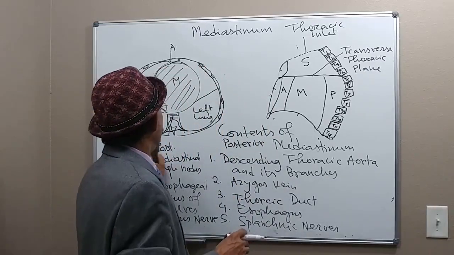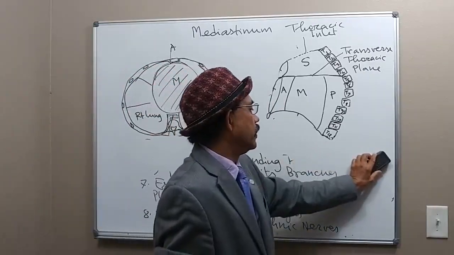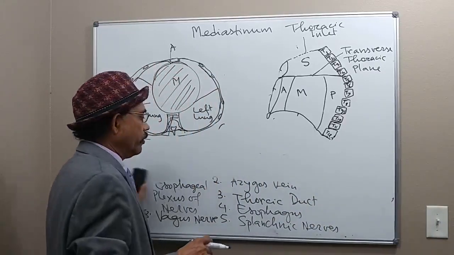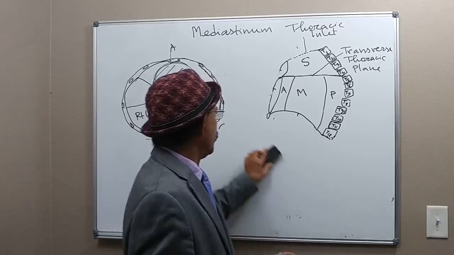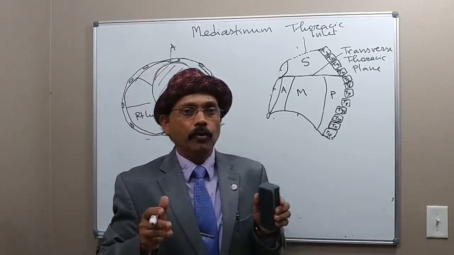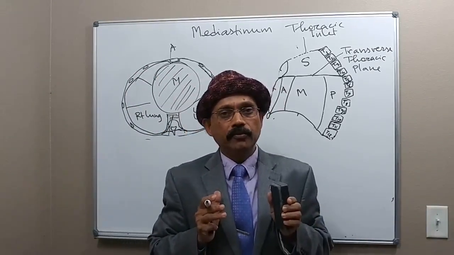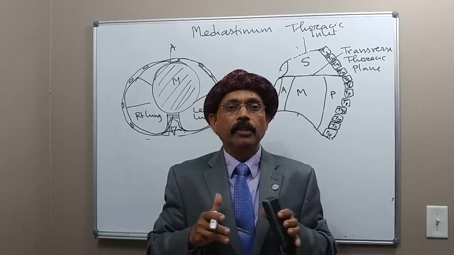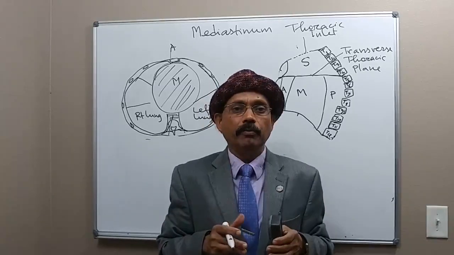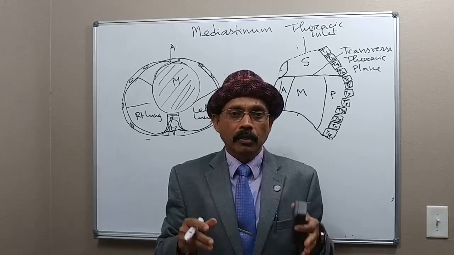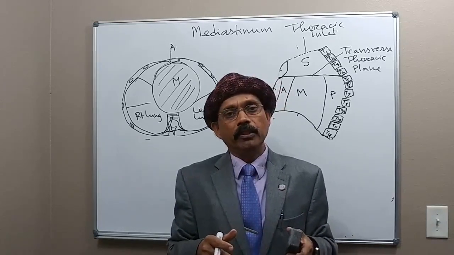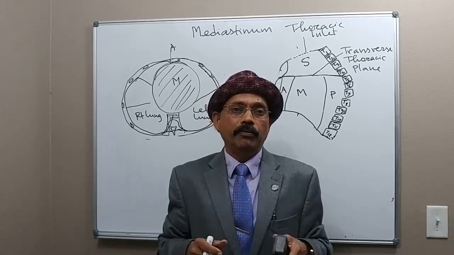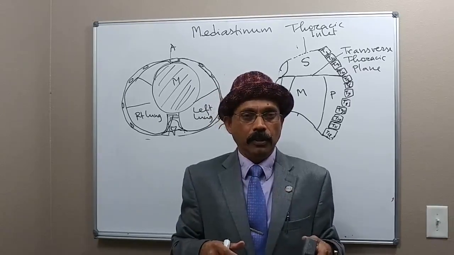Now we'd like to learn the applied or clinical anatomy of the mediastinum. The mediastinum is a group of structures in between the lungs. They are closely placed together by means of a small amount of loose areolar tissue. So any pathology in one organ may affect the function of another organ.